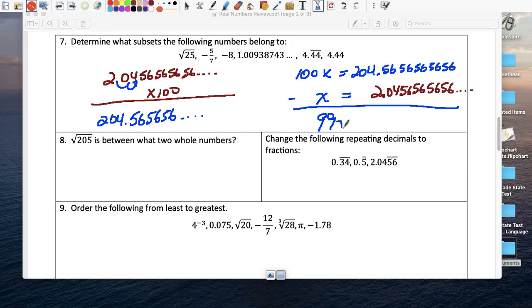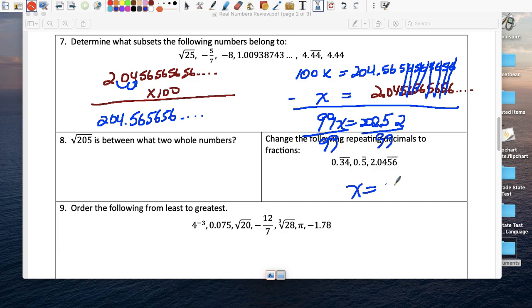Over here, 6 minus 6 is 0, 5 minus 5 is 0, so this is 0, 0, 0, 0. Be careful. Then 6 minus 4 is 2. 5 minus 0 is 5. The decimal. 4 minus 2 is 2. And bring that down. Divide both sides by 99.